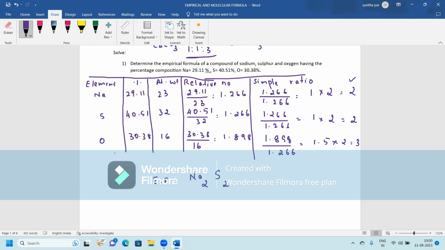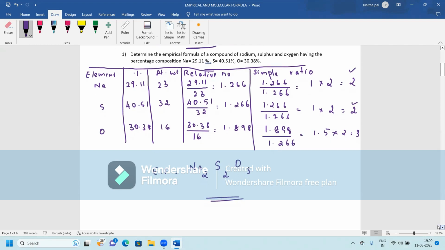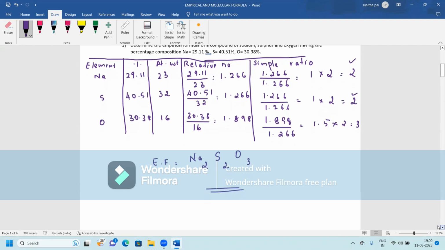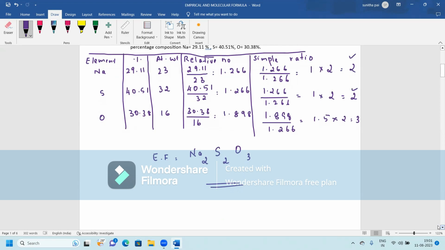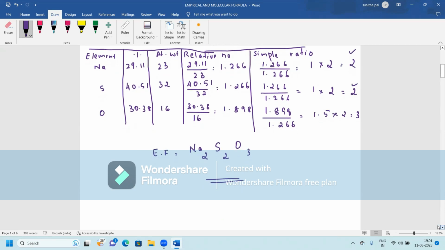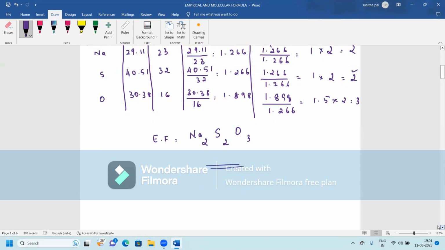Sulfur S, the number corresponding to sulfur is 2. And oxygen 3. So Na2S2O3 is the empirical formula of the compound which is given in the question. Luckily the question was just to calculate empirical formula and we are done with it.